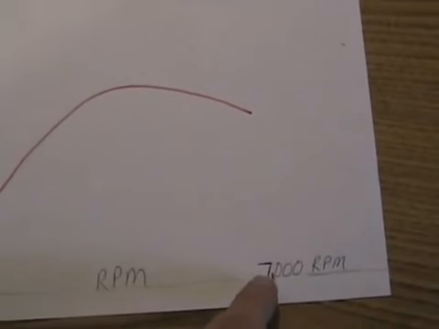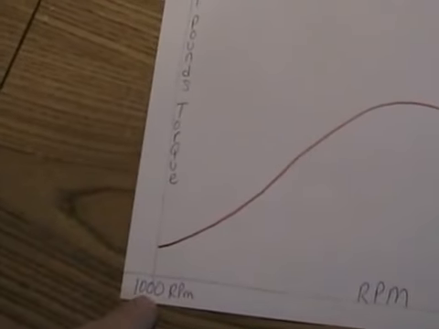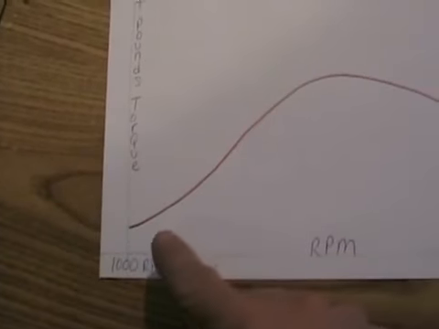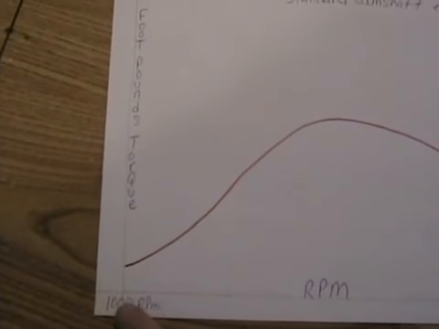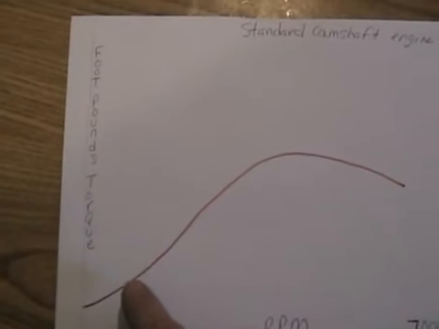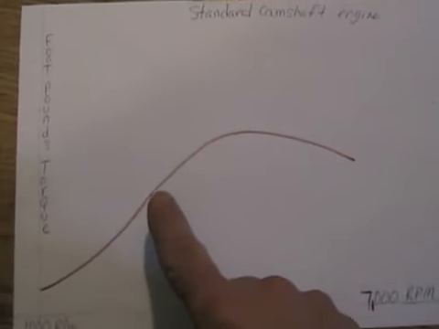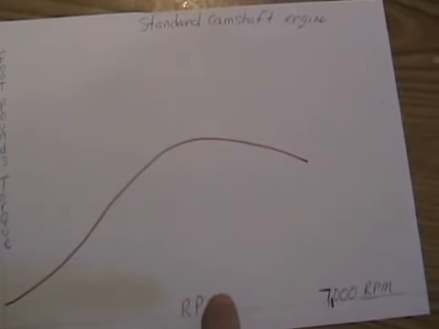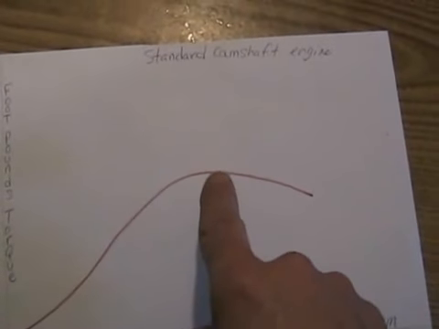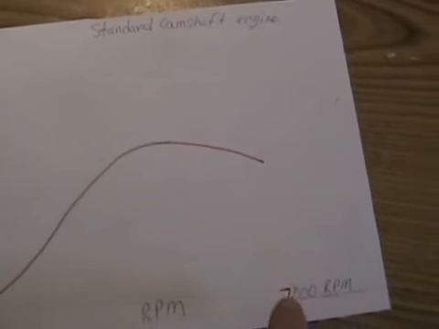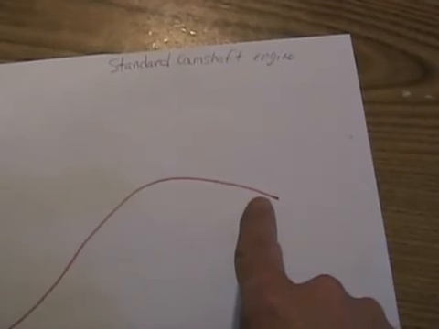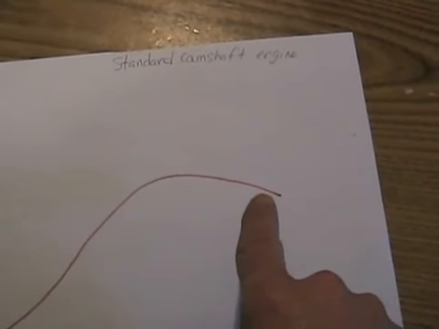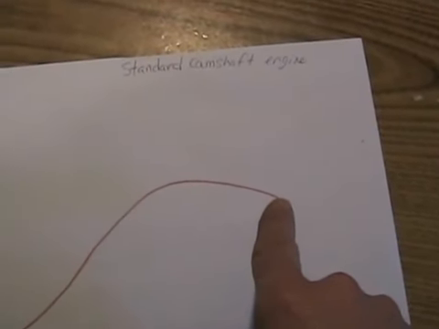So we have 7,000 RPM here, and we'll imagine idle is 1,000 RPM, and the height of the graph is foot-pounds of torque. So here we are starting from, say, an idle of around 1,000 RPM, and as we're accelerating the RPMs of the motor, torque is peaking at about 3,600 RPM, and if you speed the engine up faster than that, at higher RPM, you lose some torque because of aerodynamic drag in the intake system, and you've lost some horsepower.